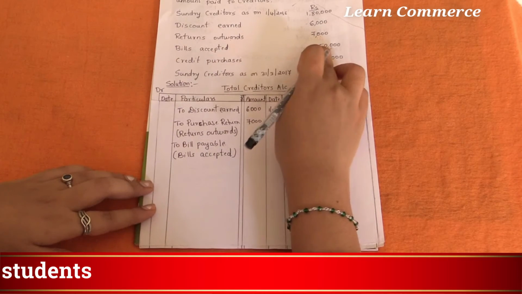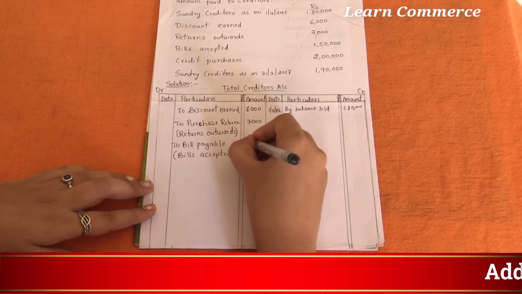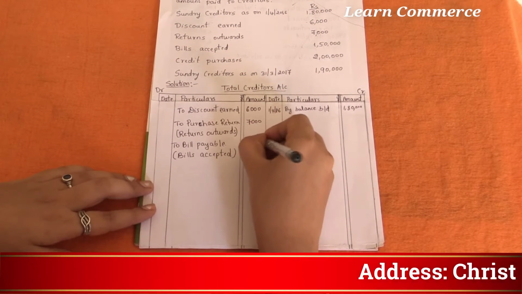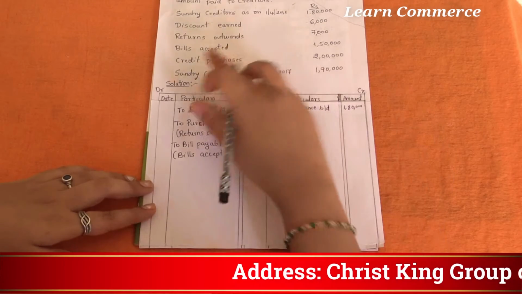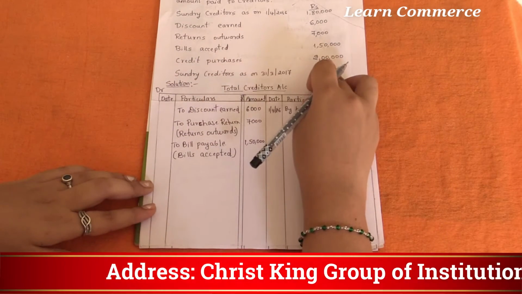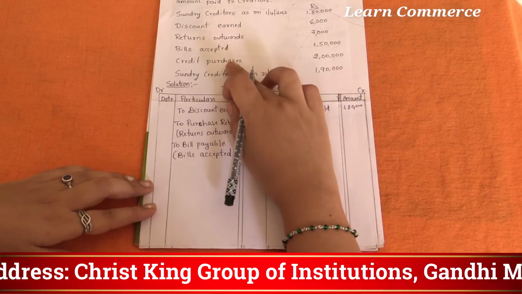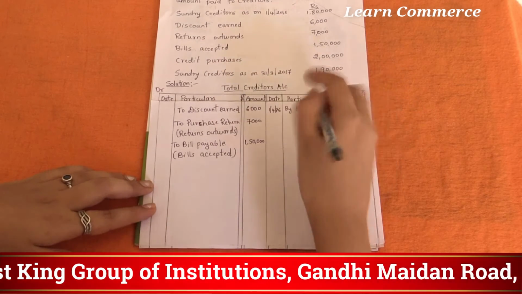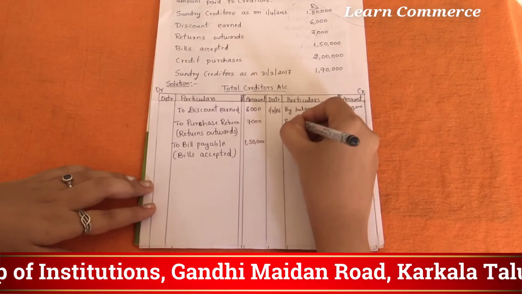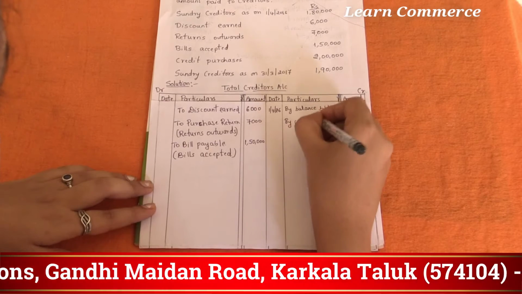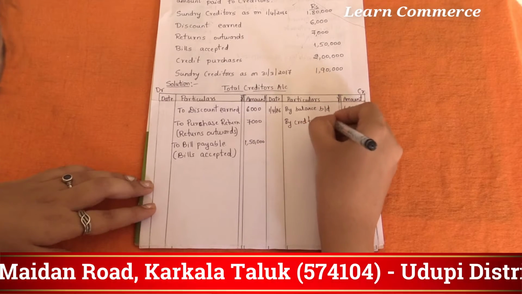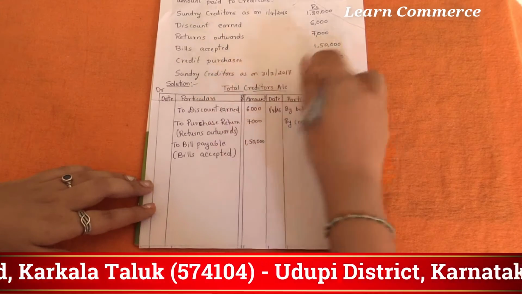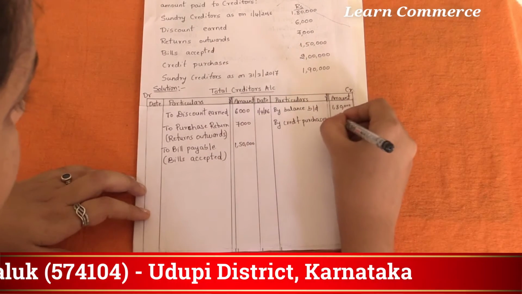That amount is 1,50,000. Next one, credit purchases 2 lakh rupees. Credit purchases we should record in credit side by credit purchases. Amount is 2 lakh rupees.